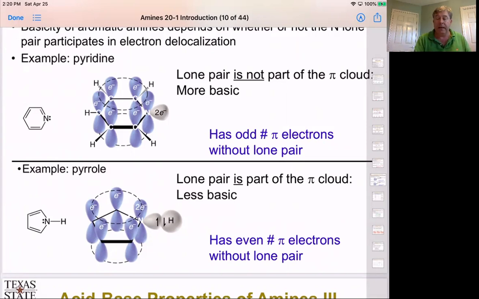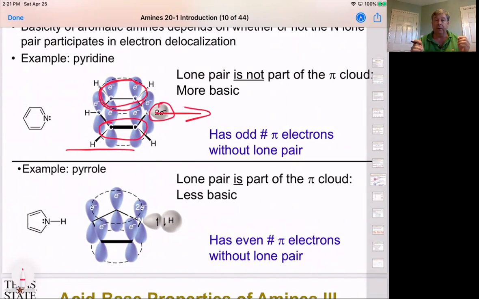In the case of pyridine right here, our lone pair is actually sticking out orthogonal to the pi delocalization cloud. That means that basic lone pair is not part of the aromaticity, and therefore it increases the basicity, okay?